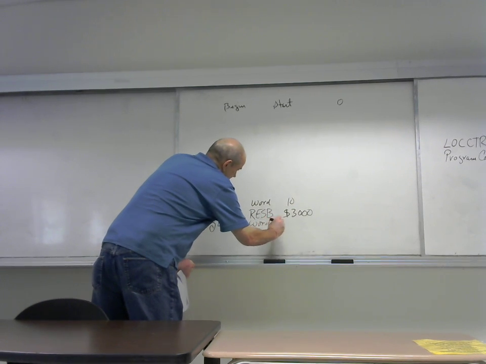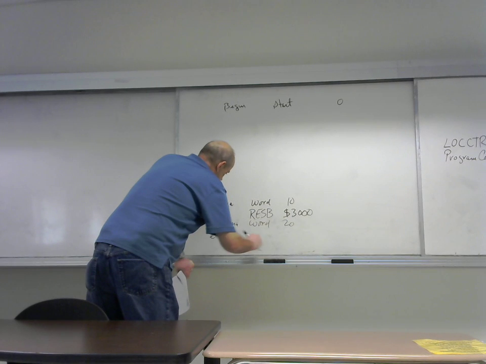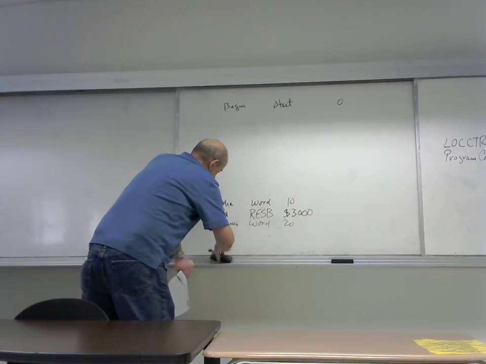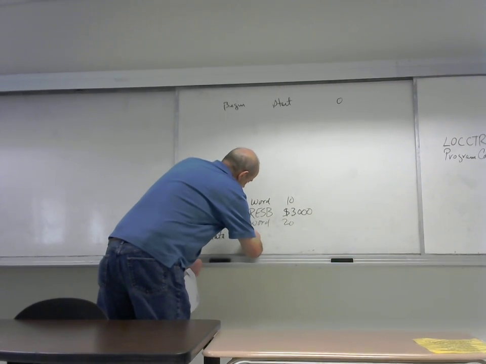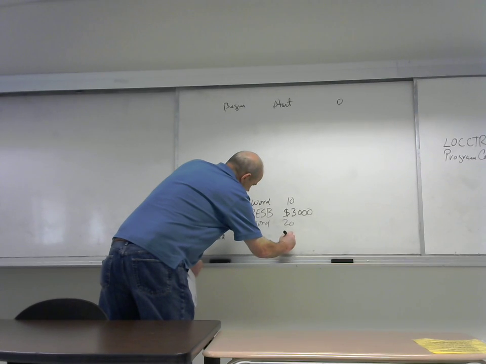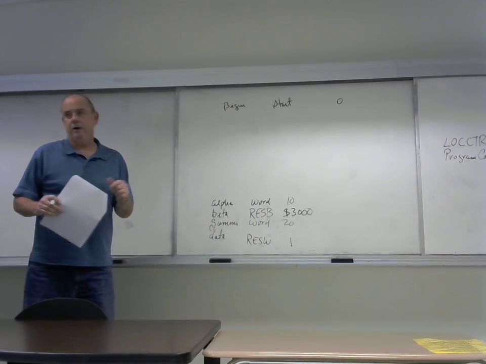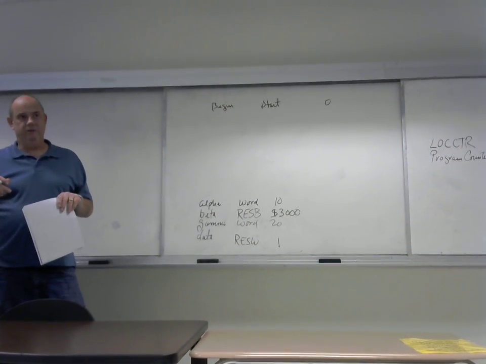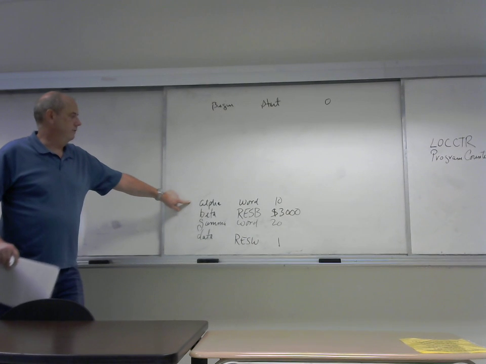Gamma, word, 20, and then data. We got one word for data, and it's too far away from where the program counter is going to be. You with me? So we've got a word alpha, 3 bytes.